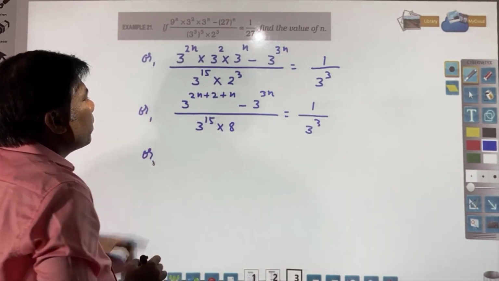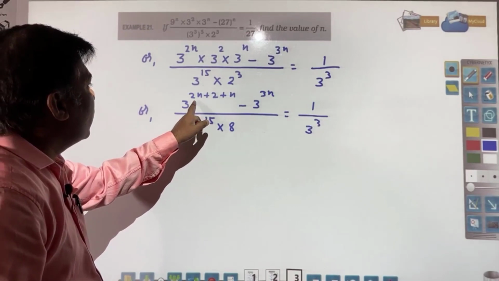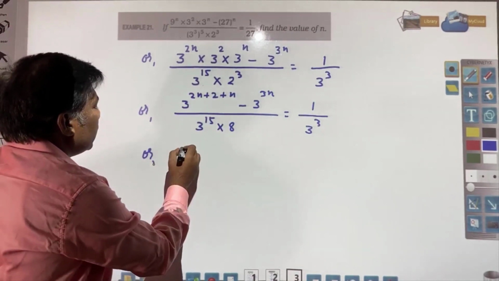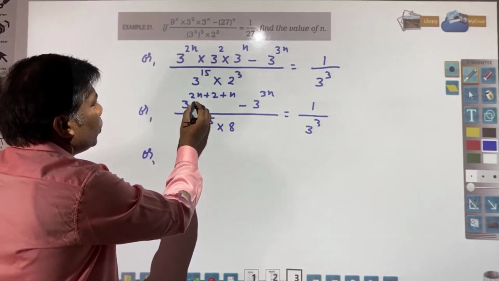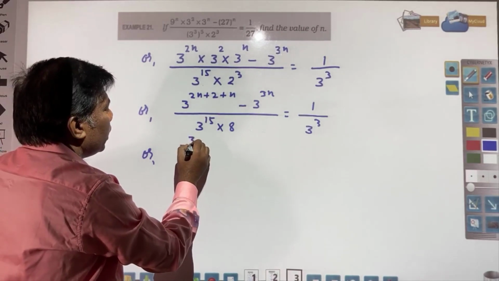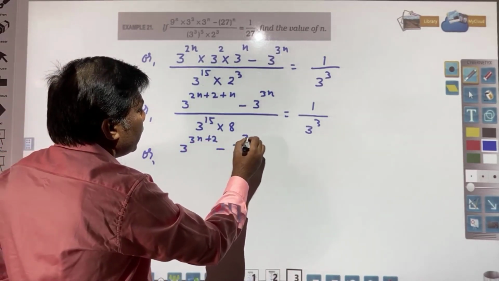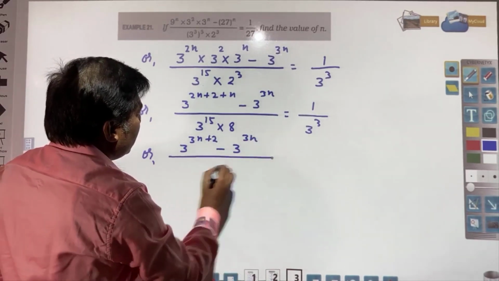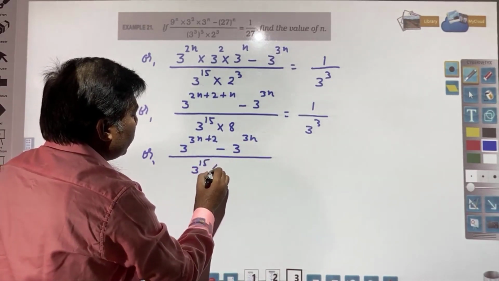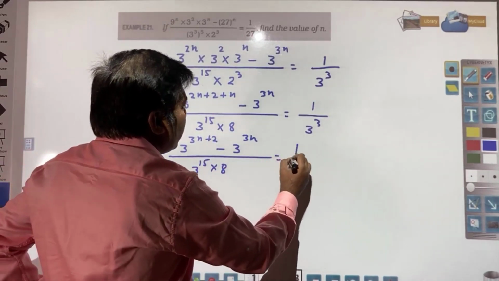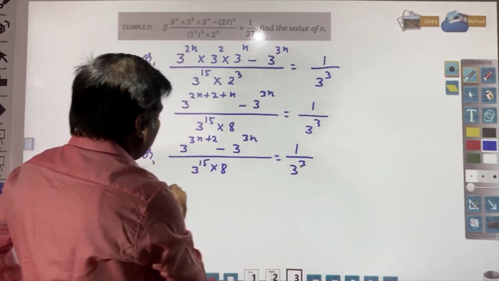Or here you see, if we are adding this, we will get 3 to the power 2n plus n is equal to 3n plus 2 minus 3 to the power 3n divided by 3 to the power 15 into 8, and that is equal to 1 by 3 to the power 3.